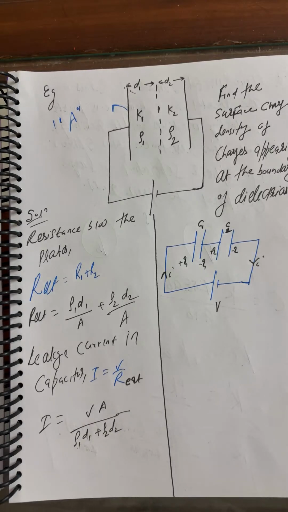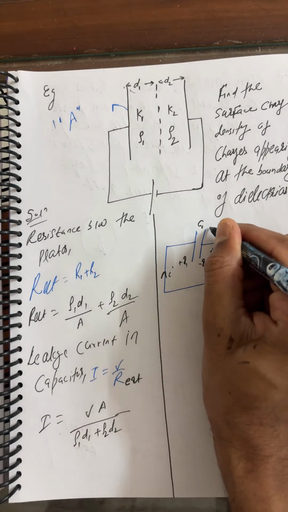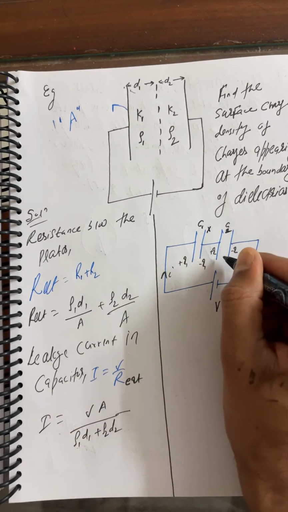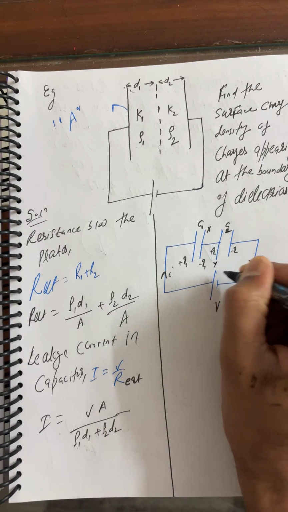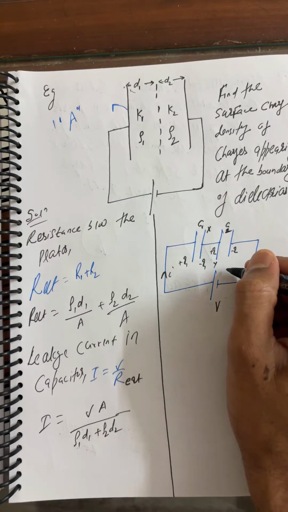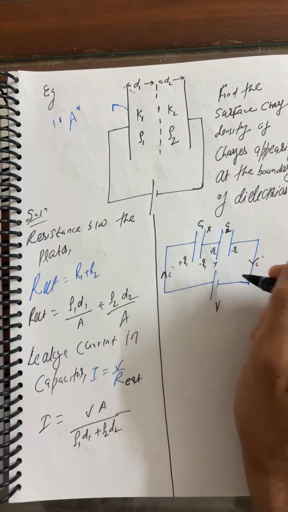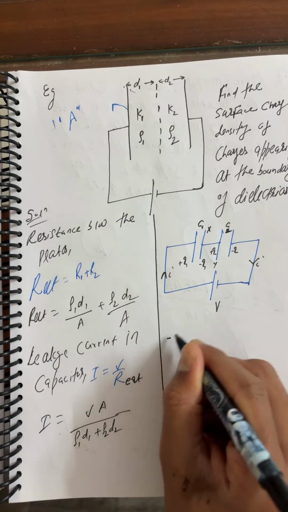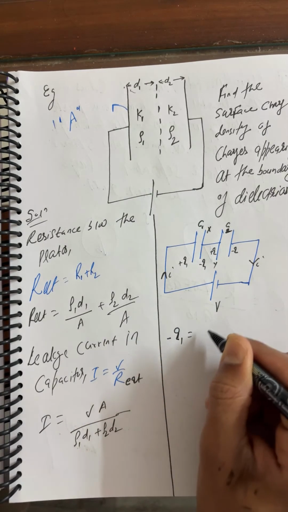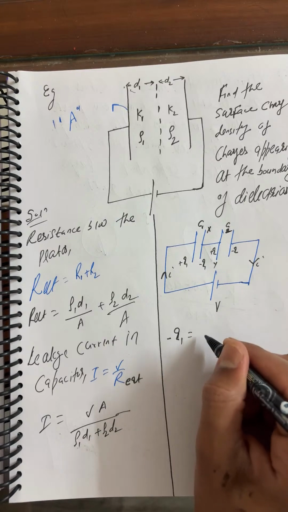Right. So here if I write minus Q, let us suppose I'm considering this as X and this as Y. So charge on plates X and Y: this is minus Q1 on X, so minus Q1 is equal to CV.